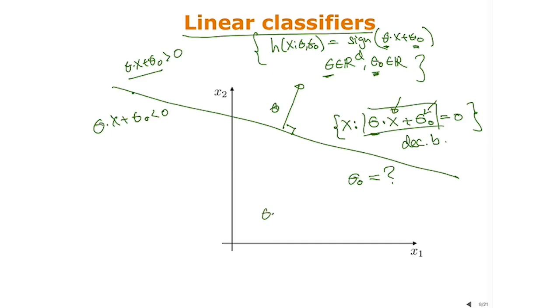So we have theta dot now a 0 vector plus theta naught, and we see from the figure that this origin lies on the negative side, so this has to be negative, which implies, since this is now 0, that theta naught itself is negative. If we move this boundary in this direction past the origin, theta naught would become positive. All right, that is the set of linear classifiers through the origin earlier, and now the full set of linear classifiers.